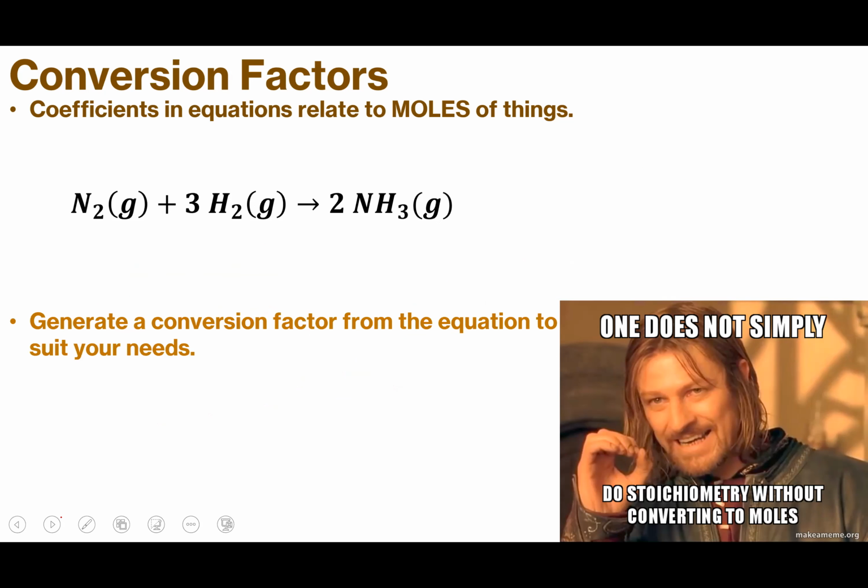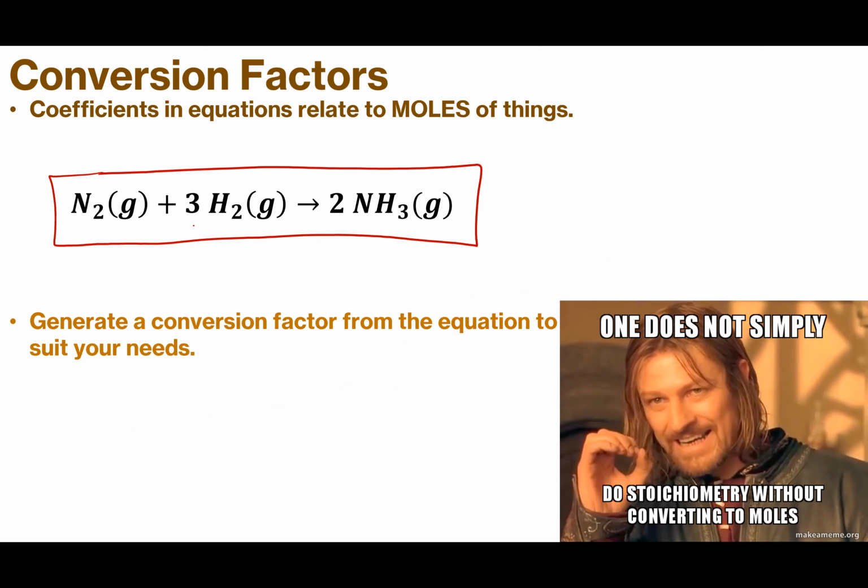Because the formulas are tied together in the equation, and this equation is balanced, and the coefficients relate to moles, remember, there's a 1 here. This is moles. You can make any conversion factor you want out of this equation.